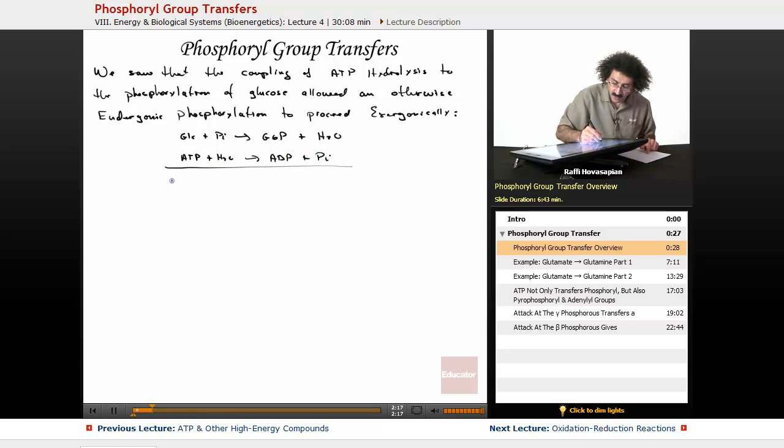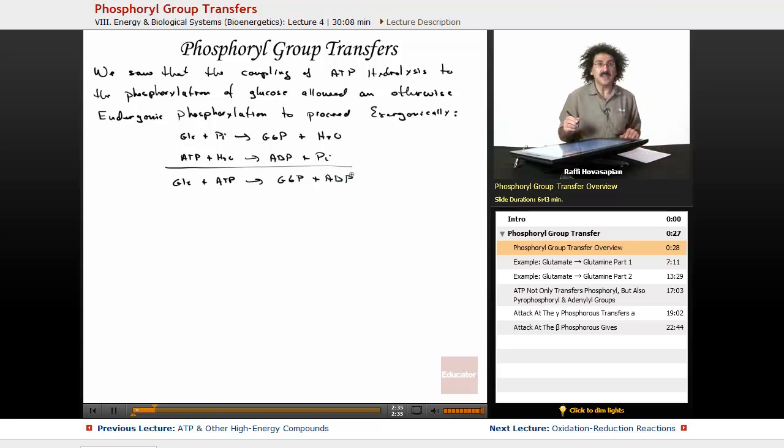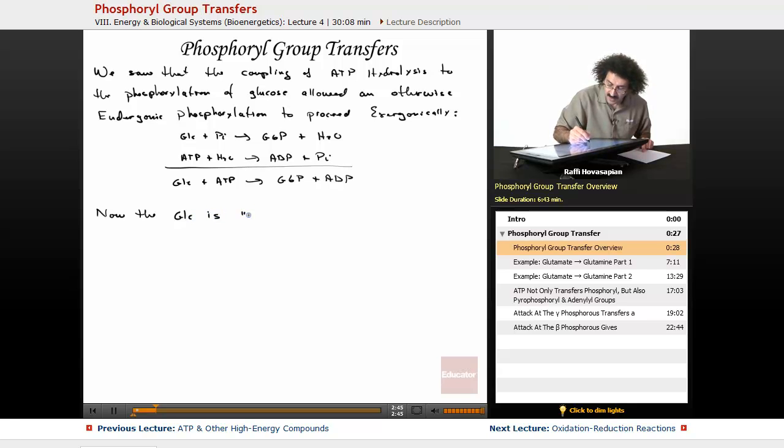And when we combined that, we ended up with an alternate pathway, GLC plus ATP going to, actually I should write the G6P first, going to the glucose 6-phosphate plus our ADP. Now, the glucose is activated and ready for further reactions.